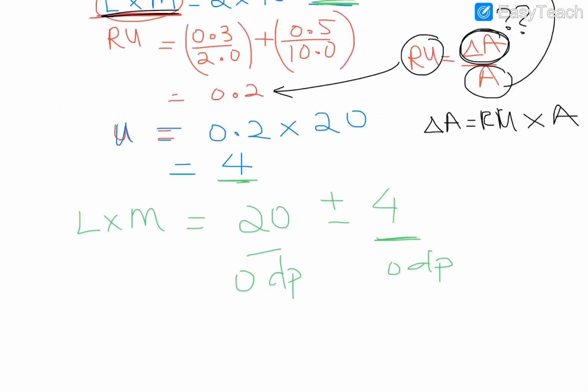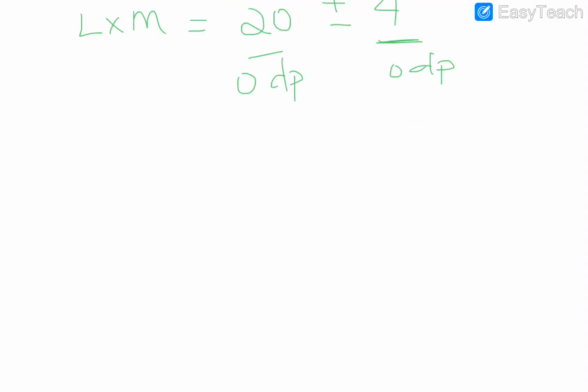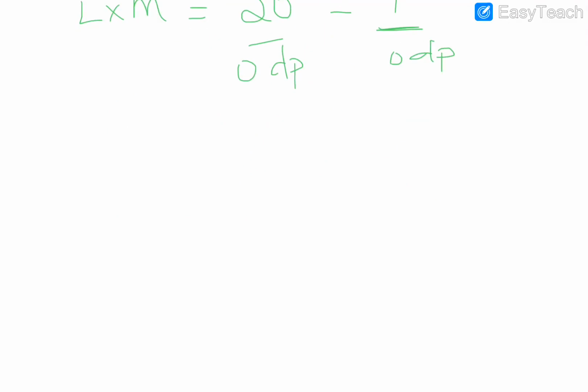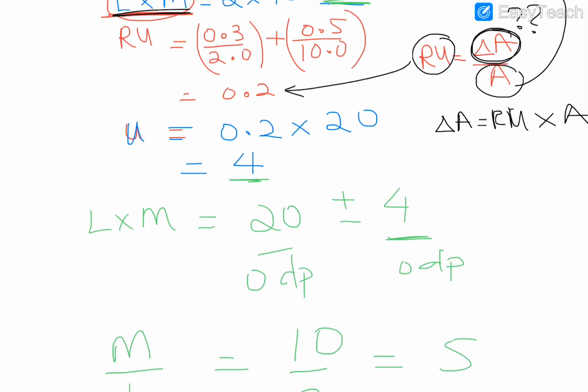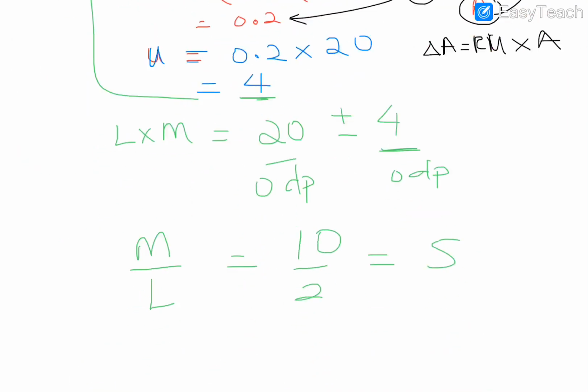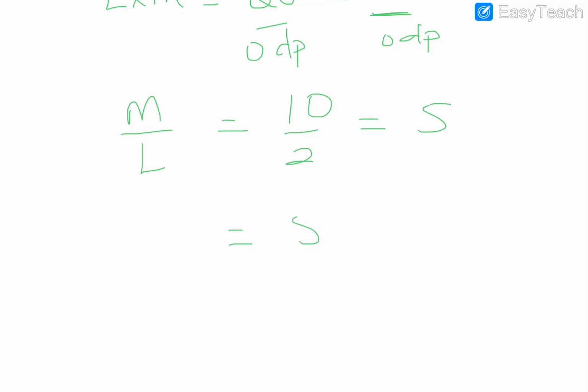Let's see what would happen if it would be a division. Let's say it's M divided by L. M divided by L would be, so 10 divided by 2, that would be 5. It would still be the same calculation to find the uncertainty. So then I'm going to report the value to be 5 plus minus 4. Okay, that's a really large error, by the way.